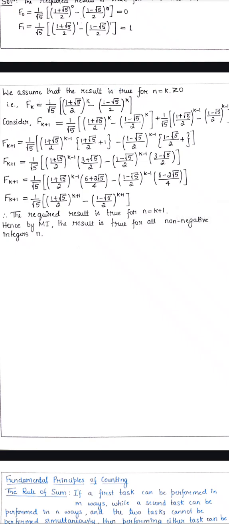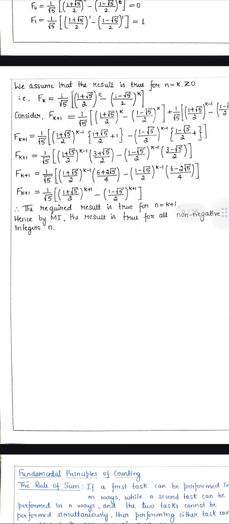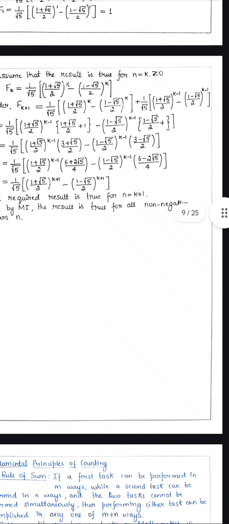Then what will be left out? Since we have taken k minus 1 powers of this 1 plus root 5 by 2, one thing will be left here, that is 1 plus root 5 by 2, and plus there is nothing in the second object, so it will be 1 only. Then minus, from here also if we take 1 minus root 5 by 2 power k minus 1 as common, we will have 1 minus root 5 by 2 plus 1.